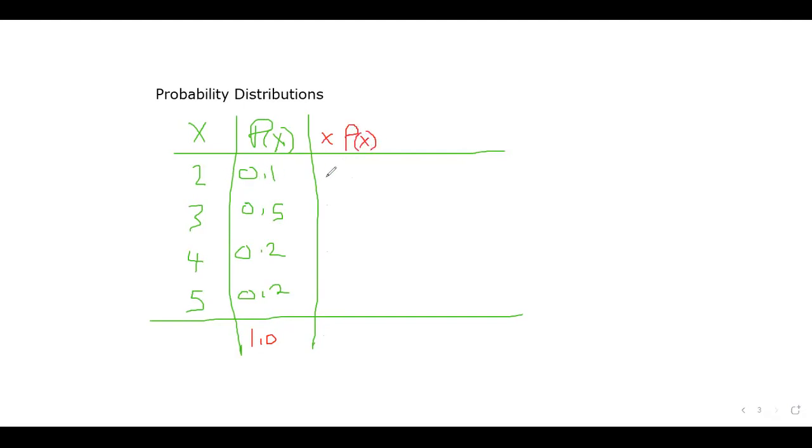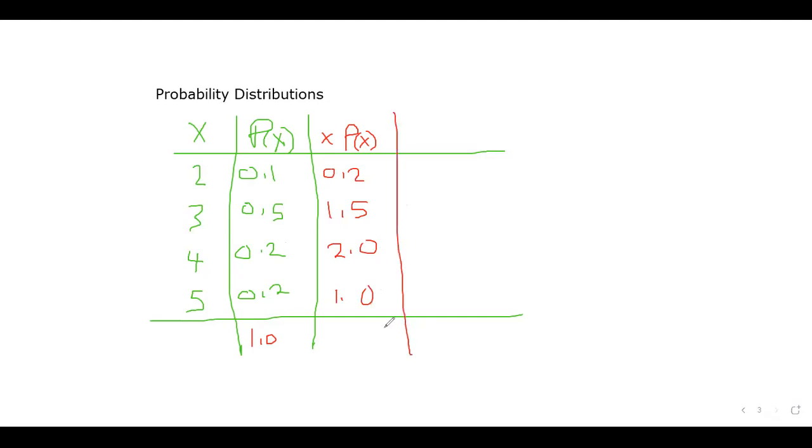So 2 times 0.1 is 0.2. 3 times 0.5 is 1.5. 4 times 0.2 is 0.8. 5 times 0.2 is 1.0.